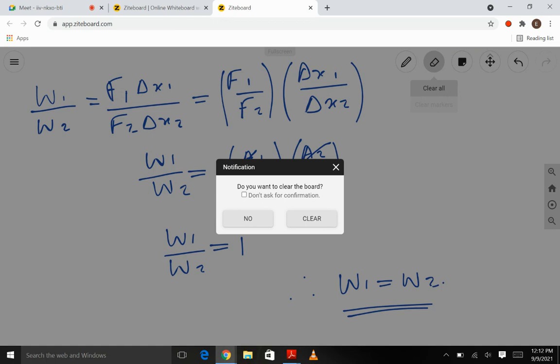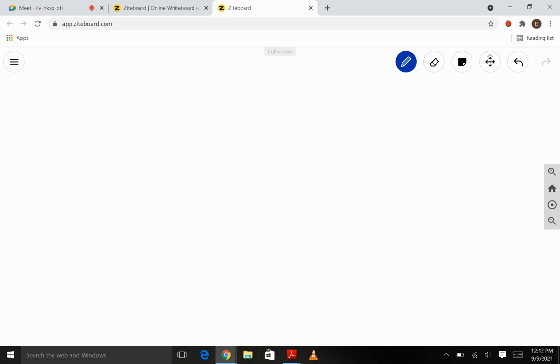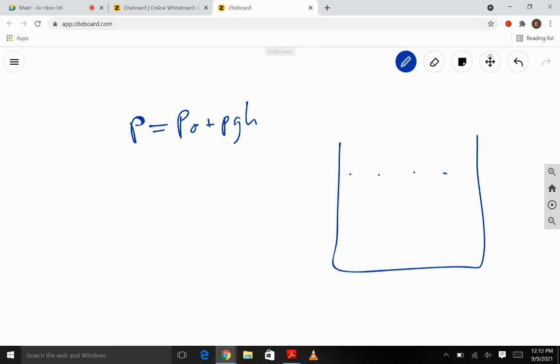So basically what we are having is, remember we said absolute pressure equals atmospheric pressure plus ρgh, or density times gravity times height. Now remember, in the barometer we have almost like a vacuum at the top.